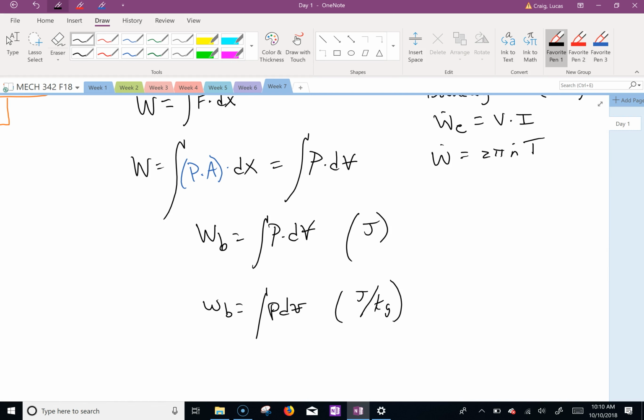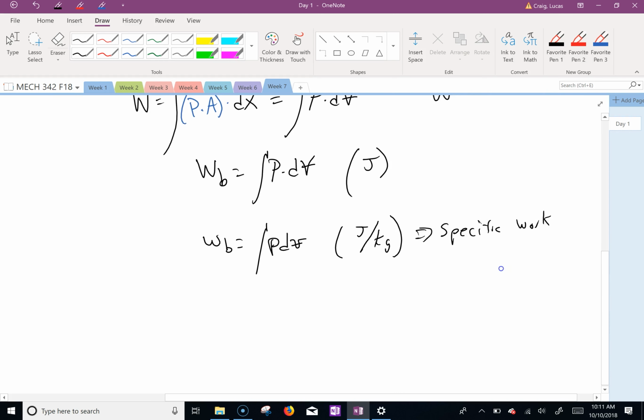Why do we do that? Well, your appendices have specific volumes, and you can find specific work. So this is specific work.